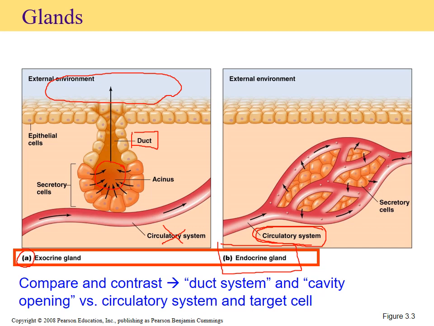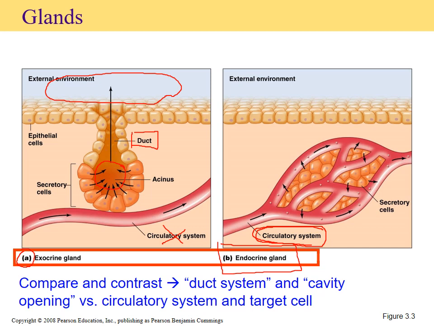So the production and the secretion of the digestive enzymes are an example of the exocrine secretion for the pancreas. On the other hand, we also think about hormones such as insulin. When insulin is produced by the pancreas, it is dropped into the bloodstream and it circulates the body looking for its target cells. That secretion would be an example of the endocrine gland capability of your pancreas.